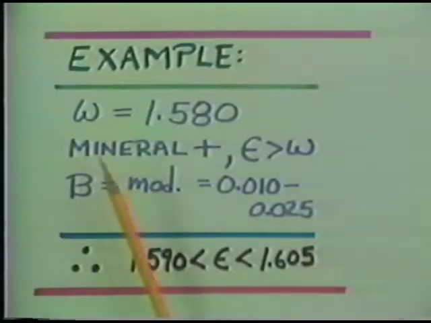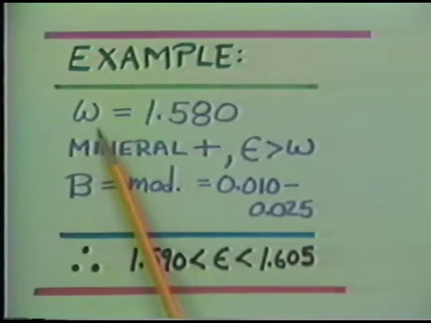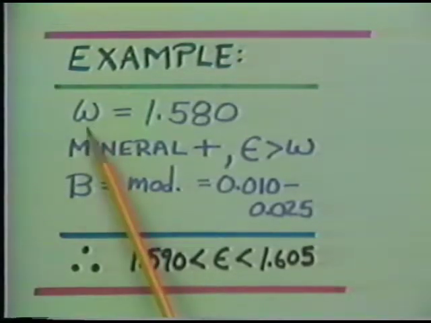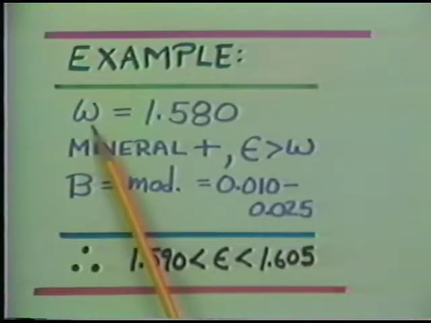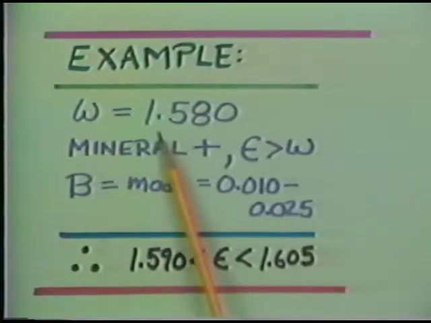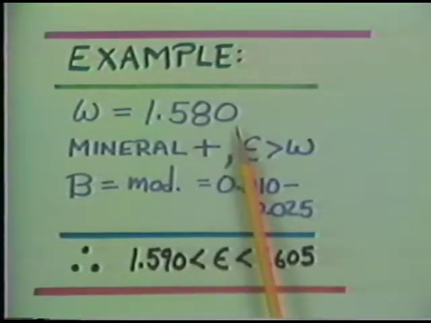For example, supposing that we have, through repeated application of immersion mounts, identified by matching the oil with the index of refraction, the omega index in a particular mineral. And we know that this omega index is exactly equal to 1.580.